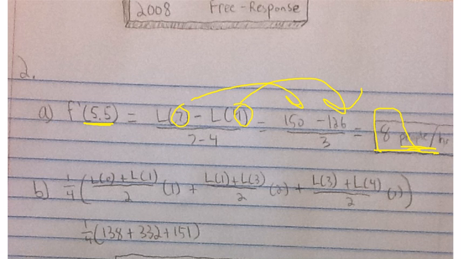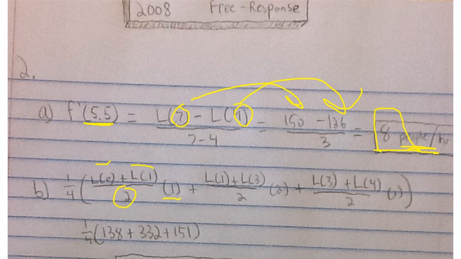Moving on to the next question. It wants us to use a trapezoidal sum with 3 subintervals to estimate the average number of people waiting in line, only during the first 4 hours that tickets were on sale. They already tell us we have to use a trapezoidal sum, so that's pretty easy. Our formula is base 1 plus base 2 all over 2, times our height.